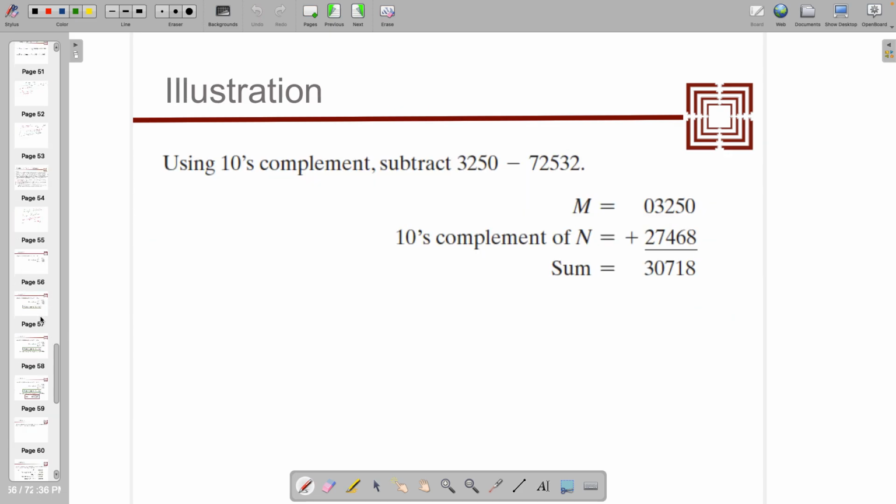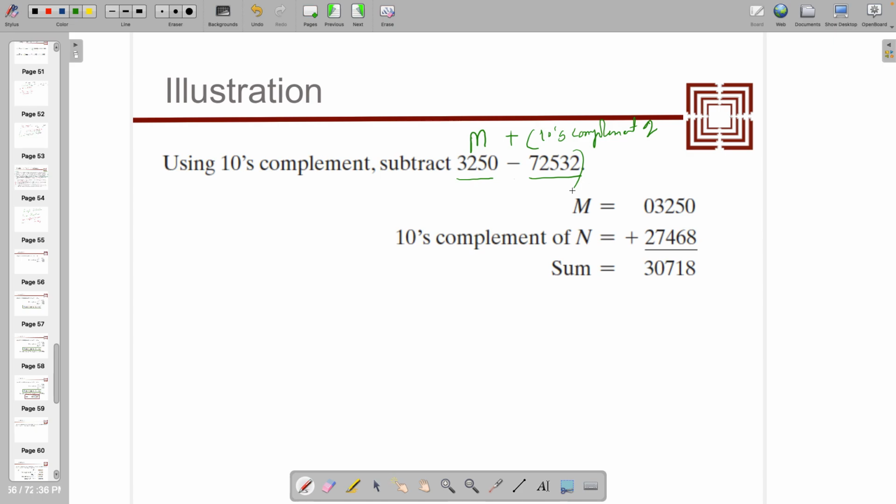In this case, I am interested in 10's complement. Using 10's complement, I want to subtract these two numbers. Note that the second number is bigger, so we have to have minus at the end, right. This is what we want. So what our technique says, you just add this M number with the 10's complement of whatever the number is.